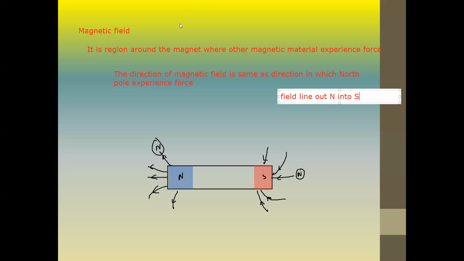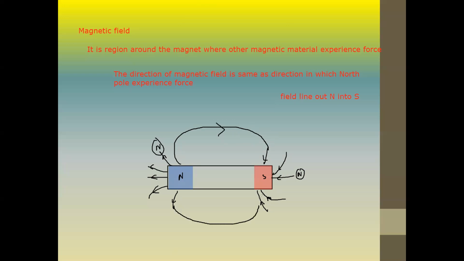When we join these field lines, it creates a pattern, known as the magnetic field pattern, and the region is known as the magnetic field. This is how we represent the magnetic field of a permanent magnet.